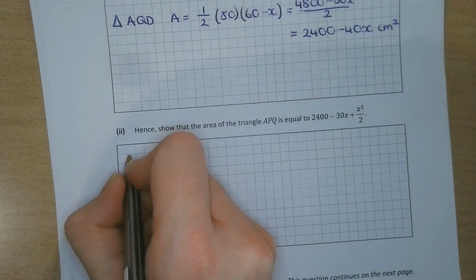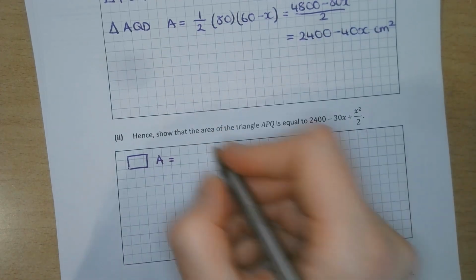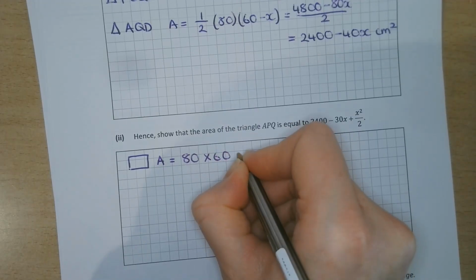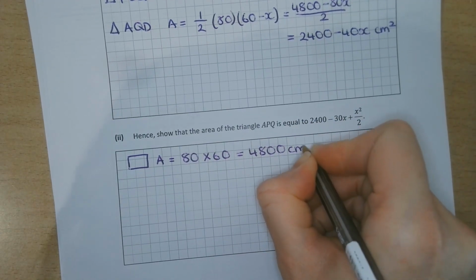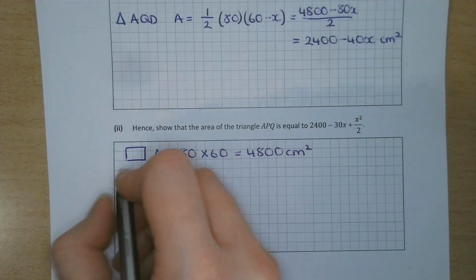So the area of the rectangle is 80 multiplied by 60, which is 4,800 centimeters squared. So that's the overall area of the flag. And we're going to take away the 3 areas that we've just found.